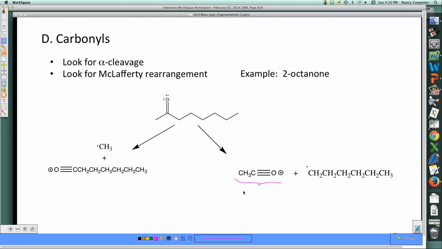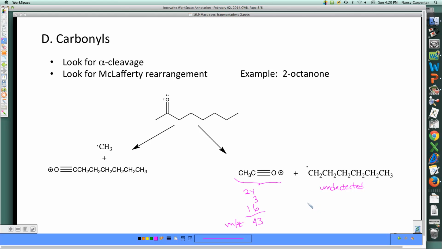This would be 24 plus 3 plus 16. So I should see a significant peak at mass to charge 43, amounting to the loss of this undetected 1, 2, 3, 4, 5, 6 hexyl radical.